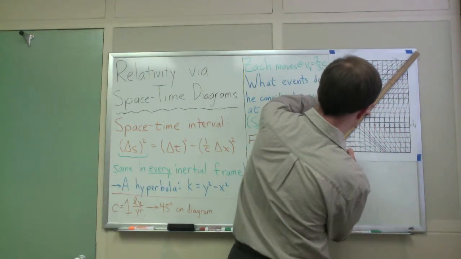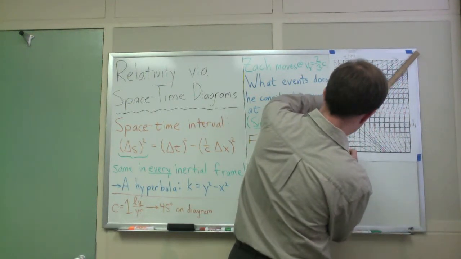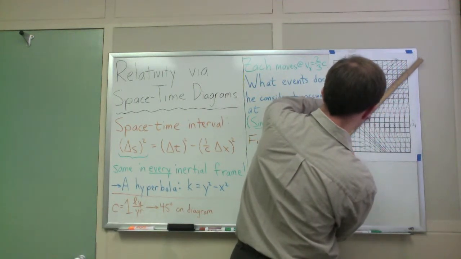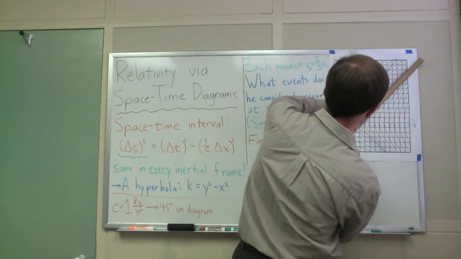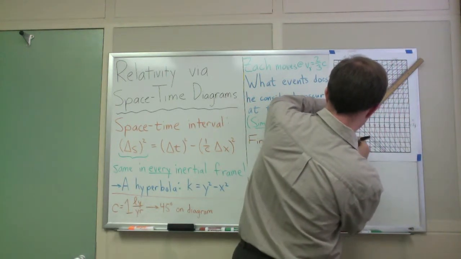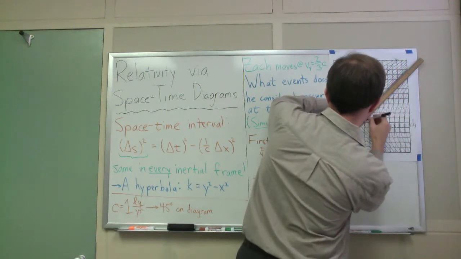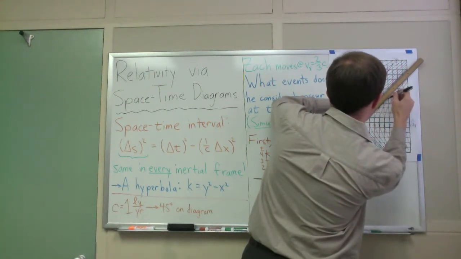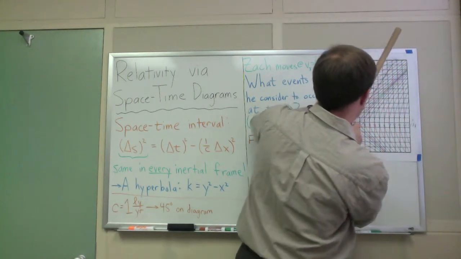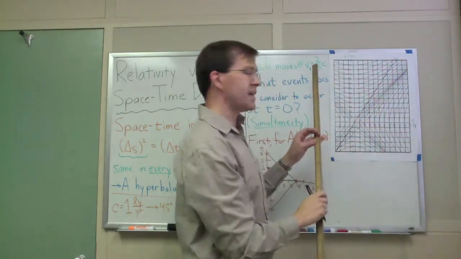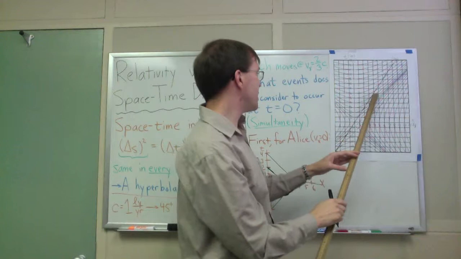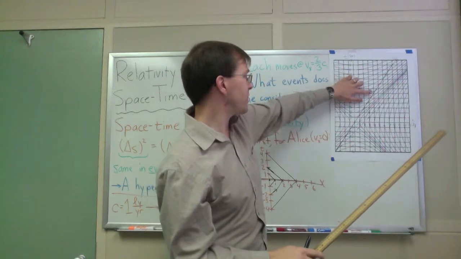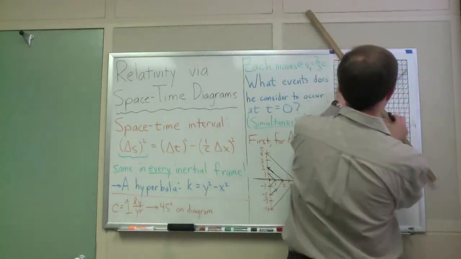Here's this point. I want to make sure I get the right line here. I hope this is right. Yeah, it looks right. So if Zach sends out his radar pulse around here somewhere, and then it reflects and comes back and reaches him at time equals +6 as seen by Alice, whatever it is for Zach, reaches him here.